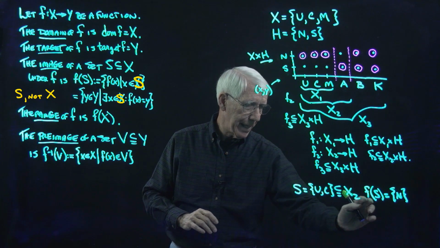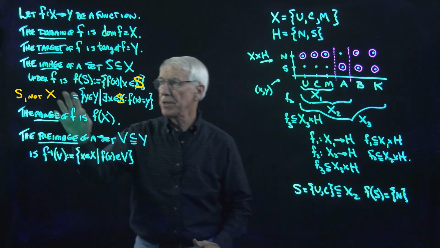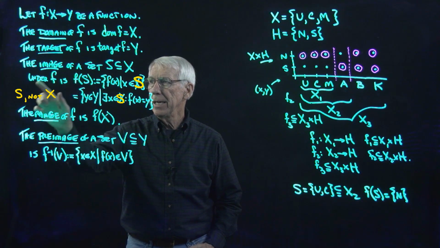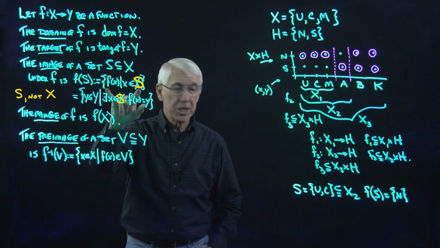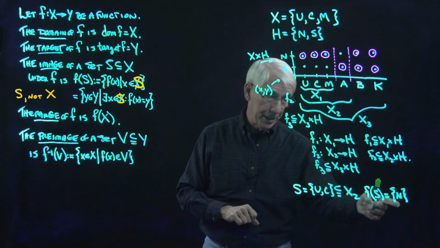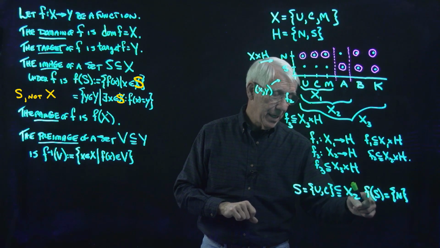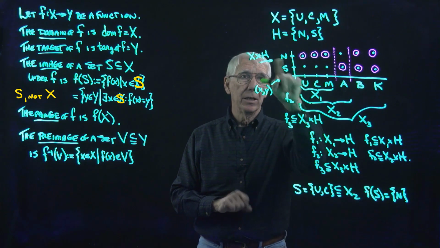It's not an element. The image of a set is itself a set. The image of a set under F is a set. F of S is a set. And here it's a singleton set because the image set consists of only the one element.